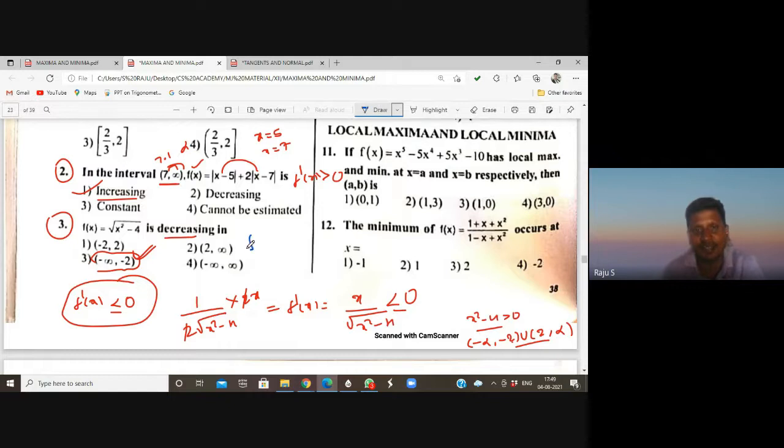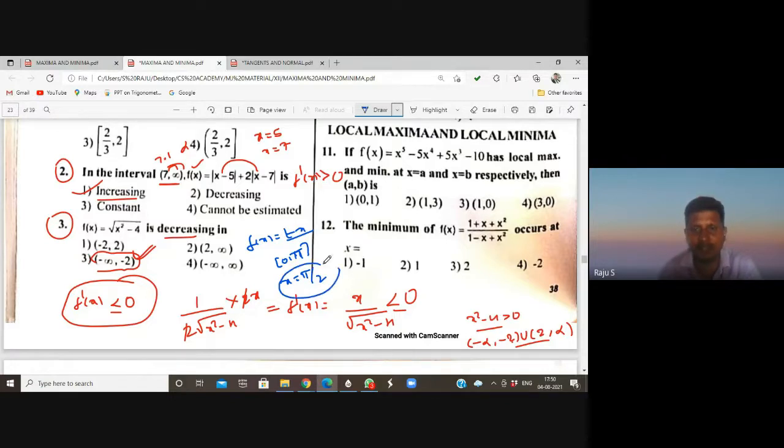For example, f of x is equal to tan x, and I'm taking the interval 0 to pi. What about this interval? Is every point a stationary point? Like x is equal to pi by 2, x is equal to 90. What is tan 90? Infinity, undefined.